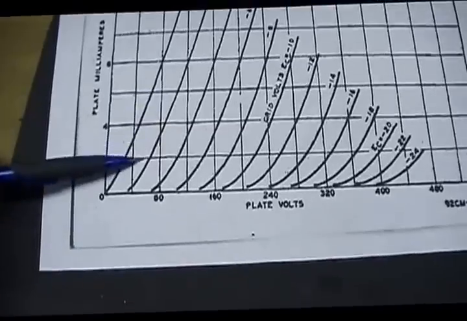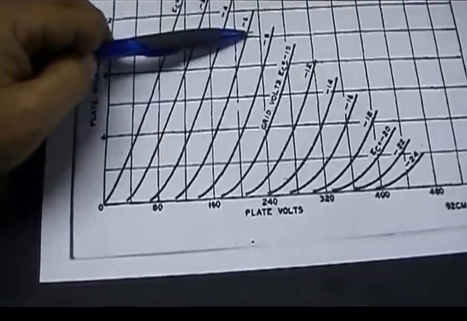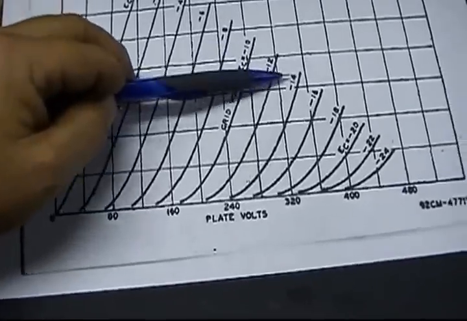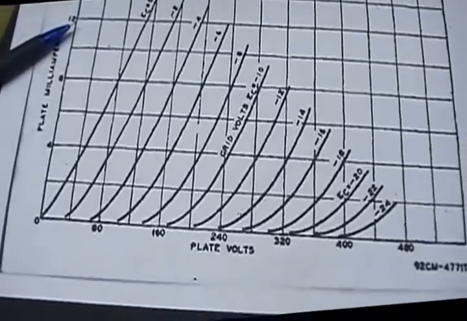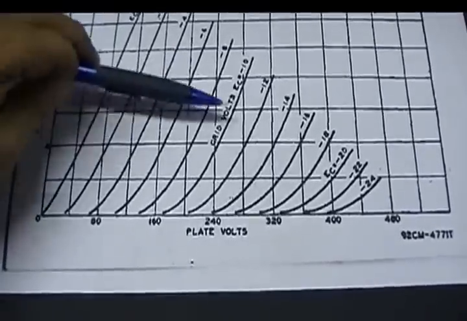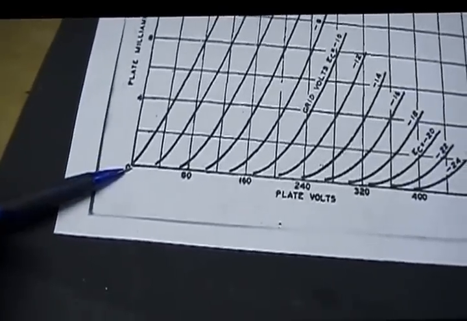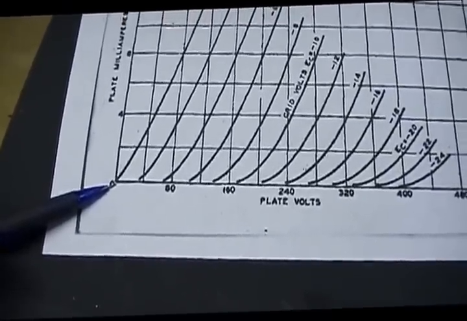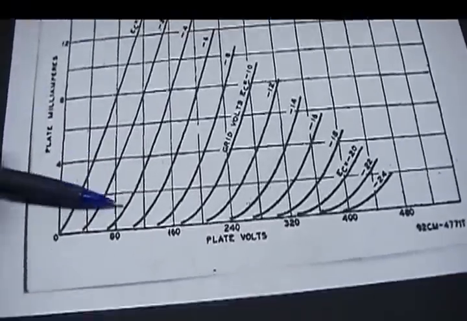These lines represent the current, and they also represent the current at certain settings of grid voltage as it crosses. But your current will actually follow kind of parallel to these, but it never goes negative. We never have a negative current. And of course the thing with the triode is they're fairly steep angled.